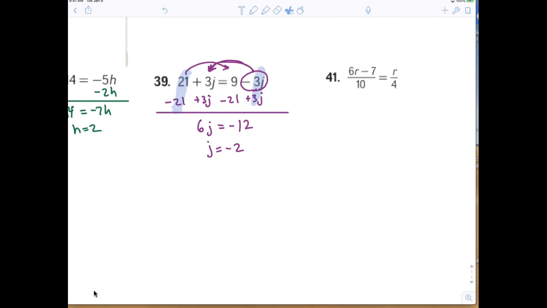Copy it down and do the problem. Don't be lazy. Good, let's go. Cross multiply. Let's go.